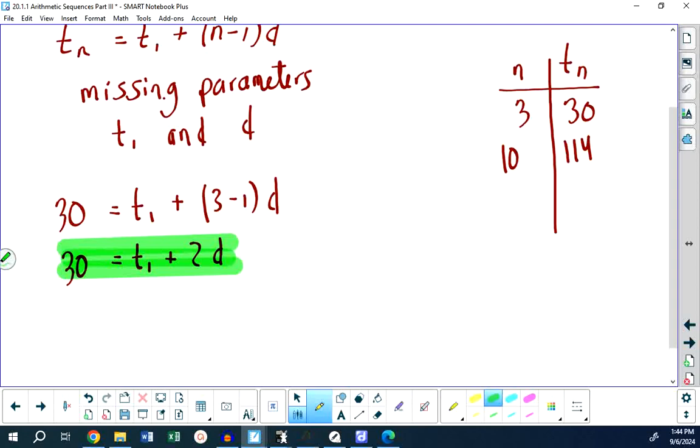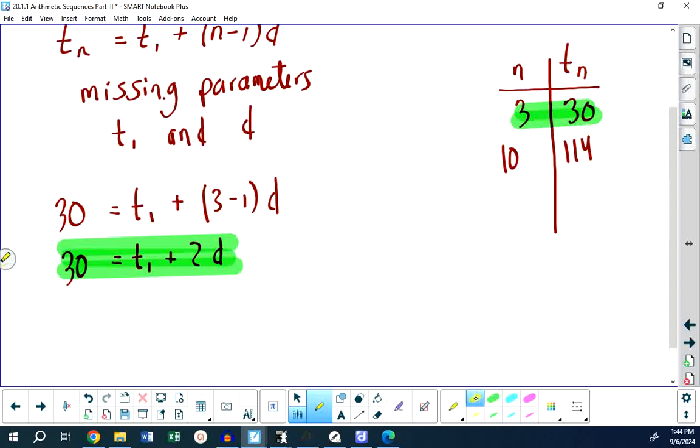And I could turn it around and say, why can't I find D with that? Because I don't know T1. And what you learn in Math 10C is that if you have an equation with two unknowns, you can find those if you have a second equation with the same two unknowns. And I can arrive at that equation by using this second pair of variables. So when I use this pair of variables, I get that equation relating the parameters.